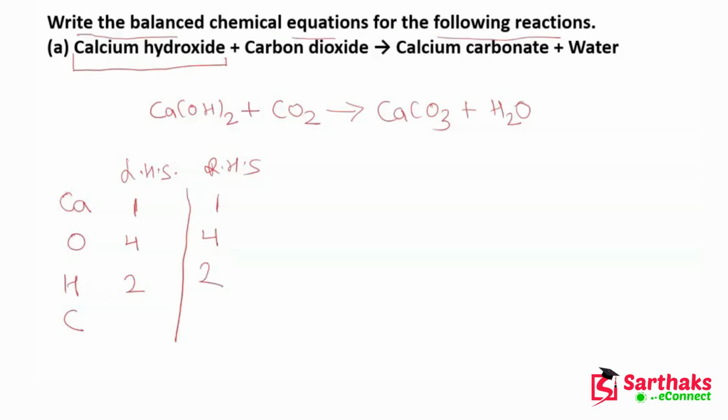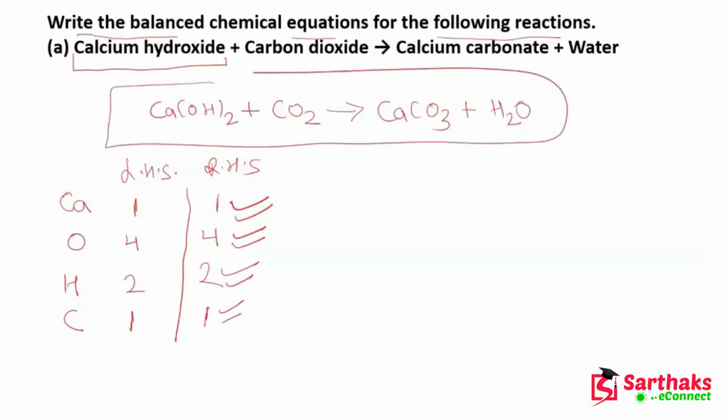Carbon is 1 on the reactant side, and on the RHS again 1. So you can see guys, all the elements are equal on both sides. That means this equation is already balanced, so we do not need to balance it further.